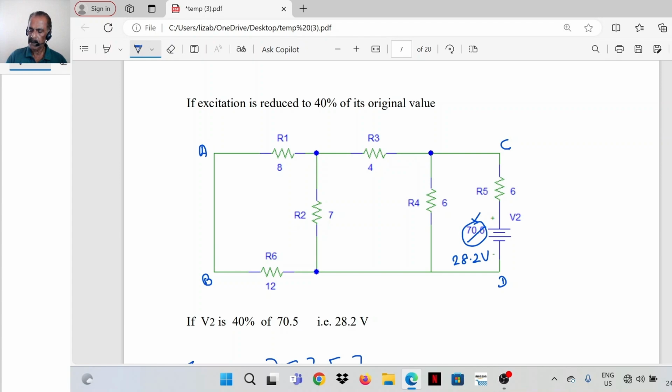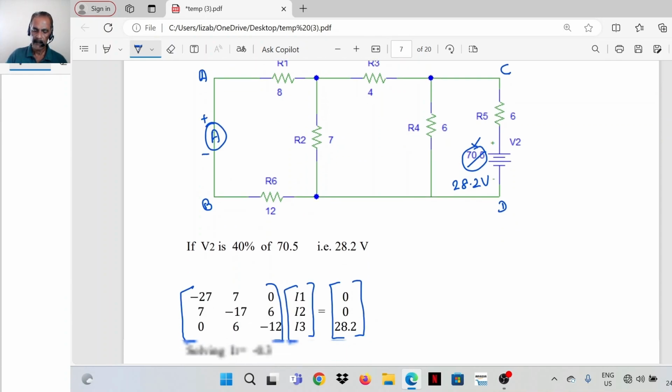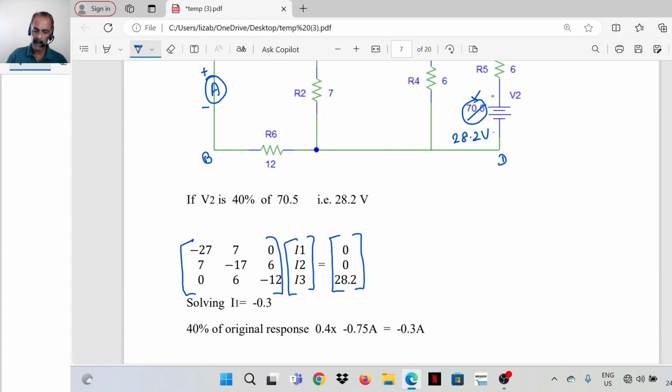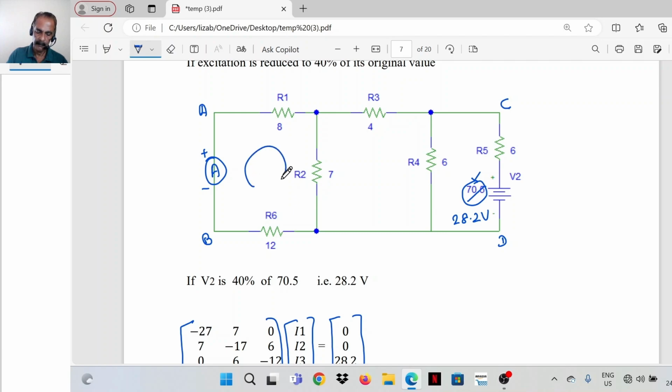Again find the response in AB, the response indicator we are putting here. So we'll get minus 0.3 ampere. Minus 0.3 means again we are using the mesh current method, I1, I2, I3.